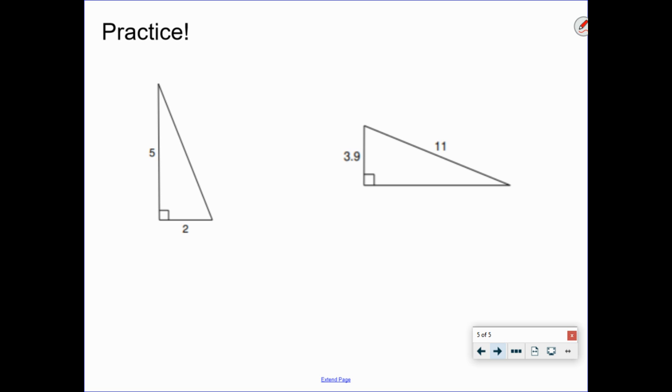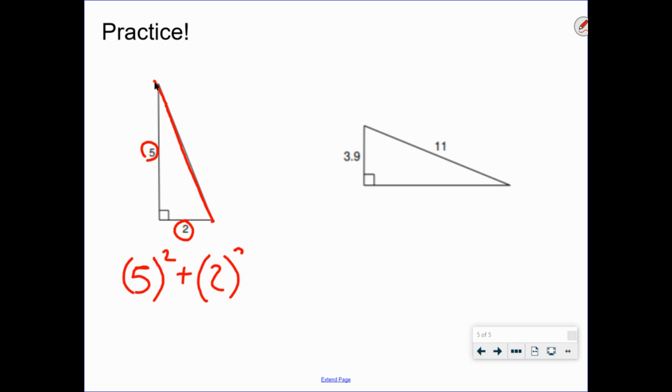So looking at this first triangle, we want to find the hypotenuse. The hypotenuse, as a reminder, is the longest side. So it's going to be longer than both of its legs, right? So looking at the two legs, we have 5 and 2. So we have leg 1 as 5 squared plus 2 squared as leg 2 equals c squared.